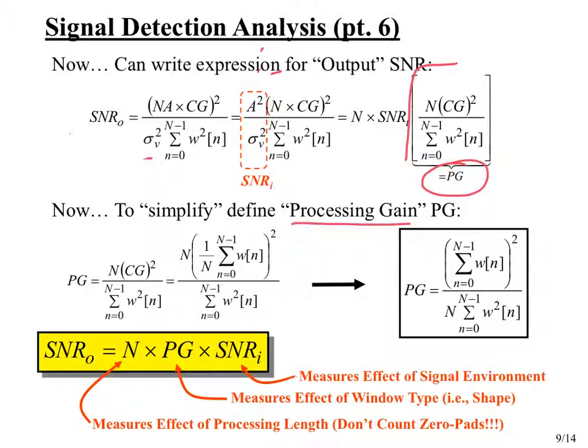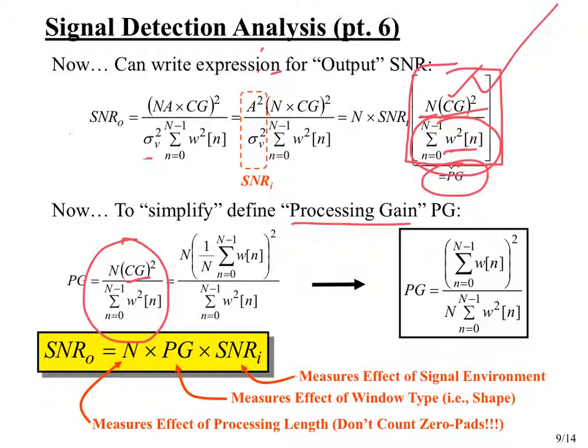So this quantity here is N times the coherent gain squared divided by the sum of the window values squared. Remember, the coherent gain involved a sum of the window values. Now we're talking about a sum of the window values squared. And so if we look at this processing gain, I've just rewritten what we had up here.